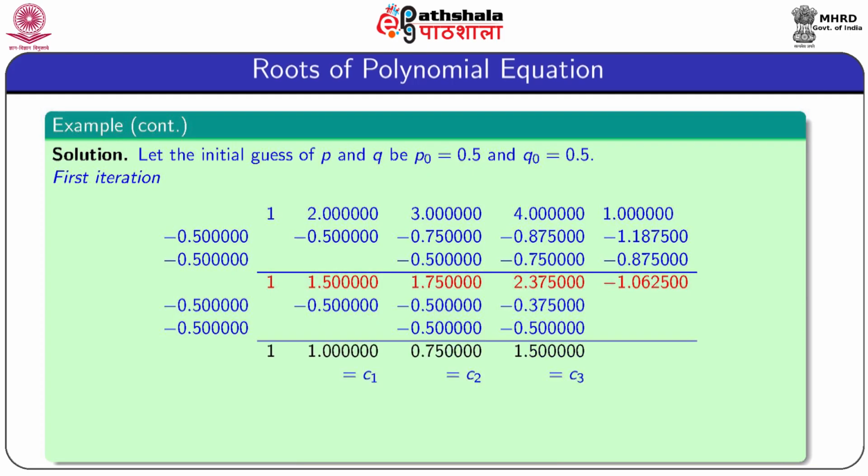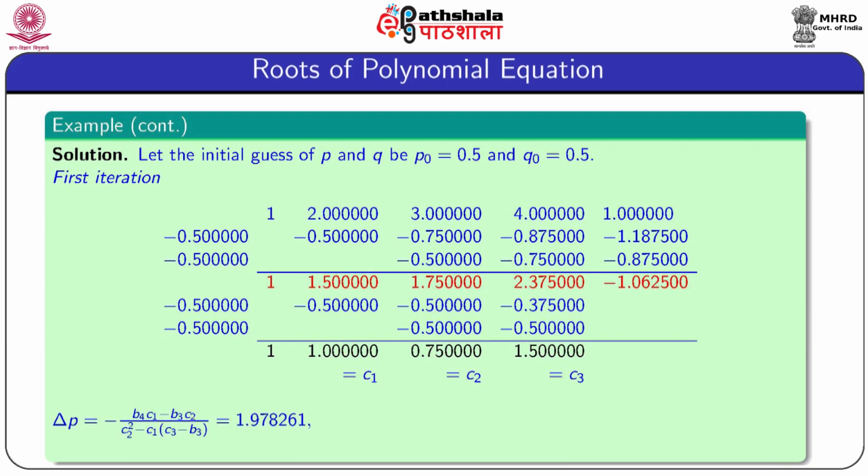The last row represents the coefficients of the deflated polynomial q n minus 2, that means the coefficients of the reduced polynomial q are: first coefficient is 1, second coefficient is 1, third coefficient is 0.75 and last coefficient is 1.5. So C3 is equal to 1.5, which is used by the method to find the values of the next iterated value of p and q.